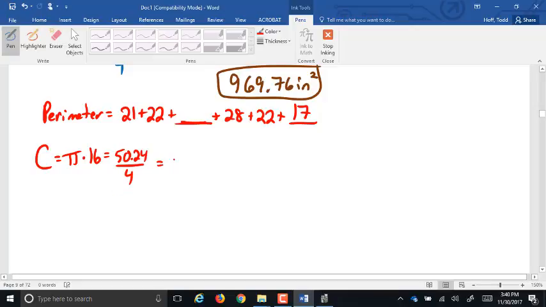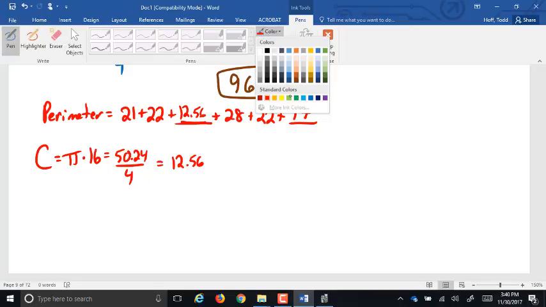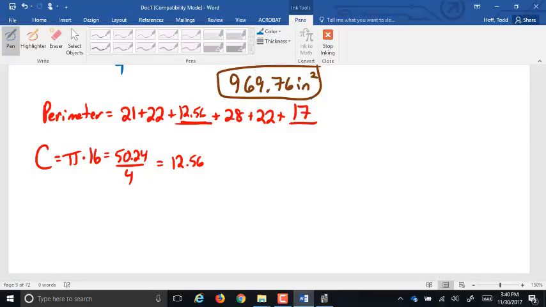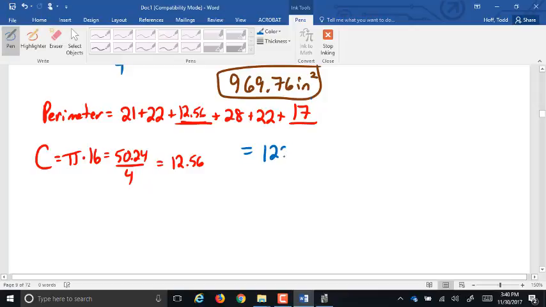It should be 12.56. So we add all of those up, and we get 122.56 inches, it looks like, is the perimeter.